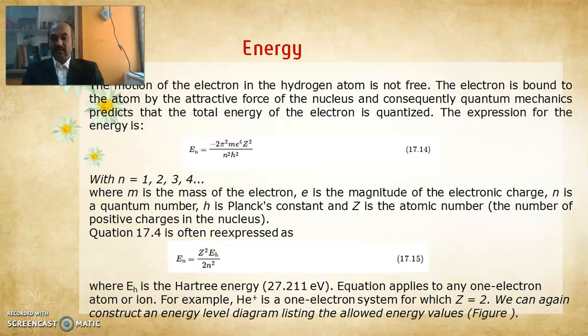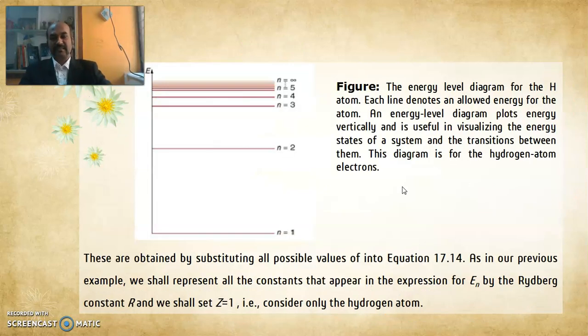We can again construct an energy level diagram listing the allowed energy values as shown in the below figure. See the figure. This is the energy level diagram for the hydrogen-like atoms. The figure describes the energy level diagram for the hydrogen atom.